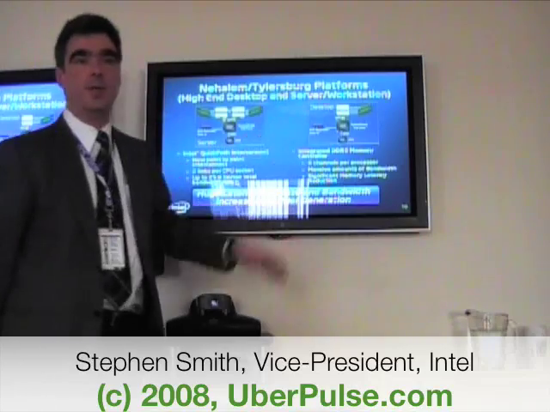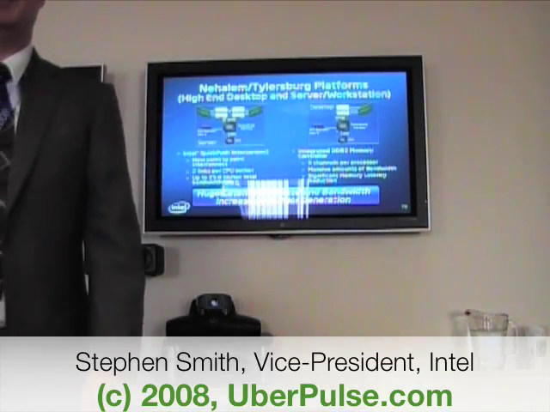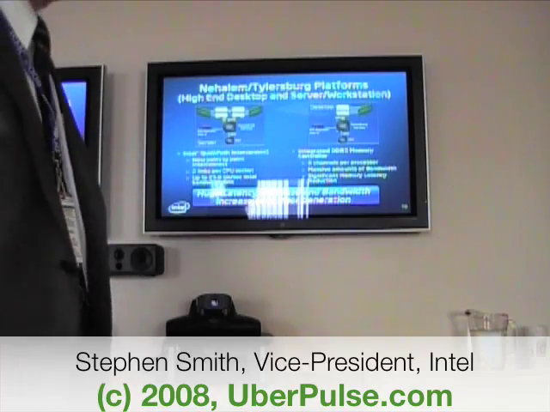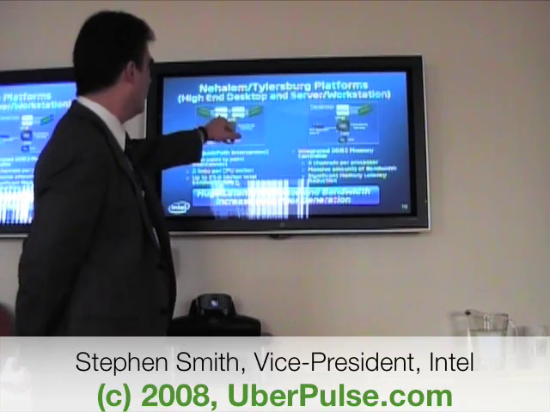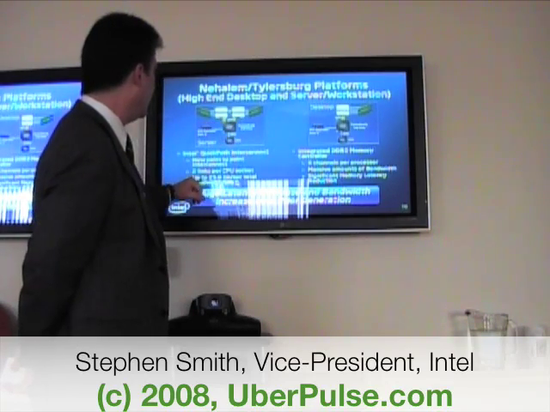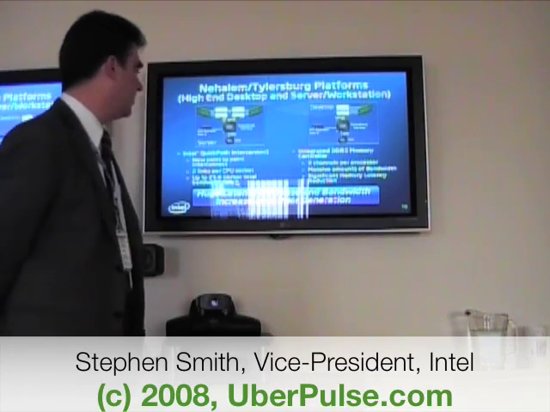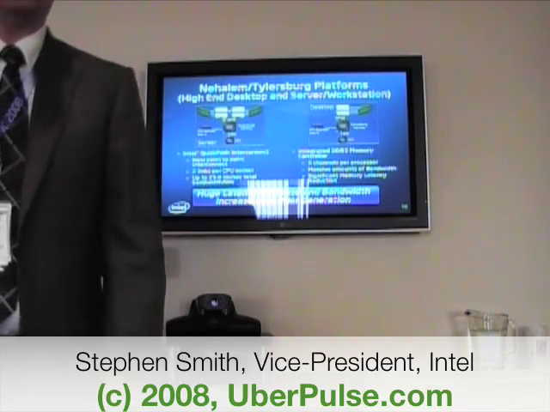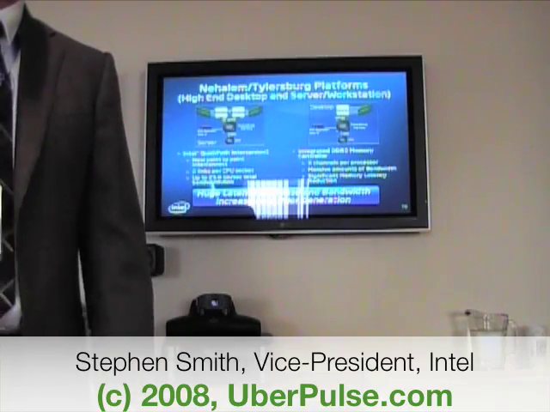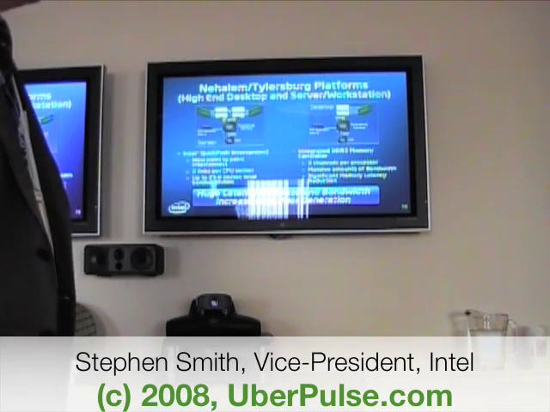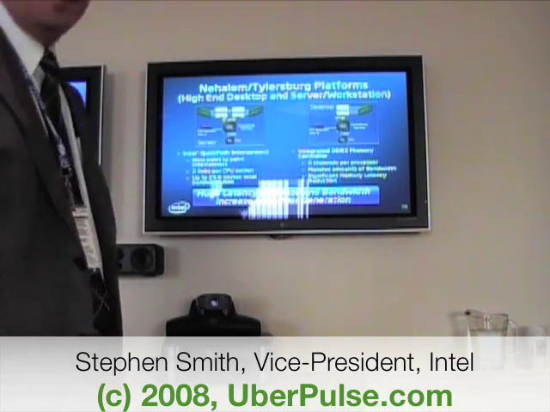So we'll expect the initial Nehalem to be used for both DP systems in server and workstation, and also the UP desktop. So 2 links are possible per processor. Each link is up to 25 gigabytes per second total bandwidth, which is higher than other point-to-point, coherent architectures. So pretty good step forward here in performance.